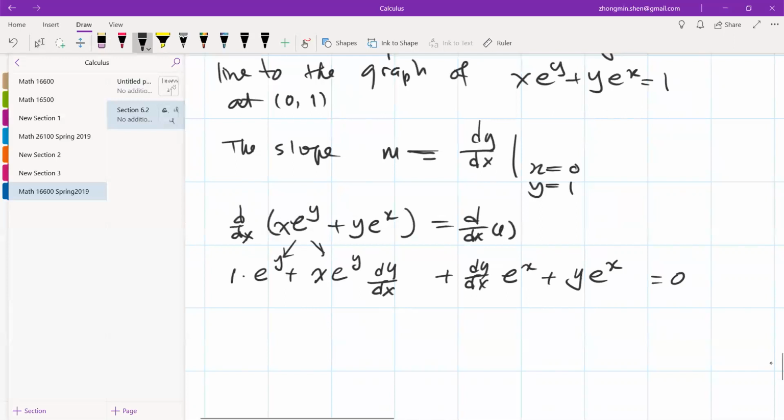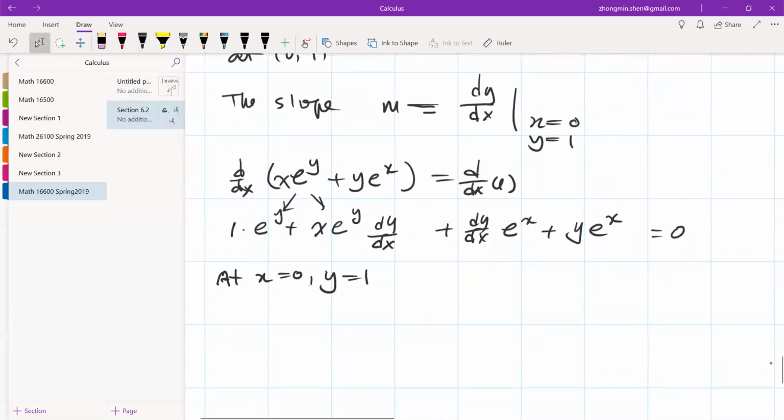Now you can find the general formula for the derivative of y with respect to x. Maybe it's not necessary, because you really just need to find the slope. So at x equals 0, y equals 1, you plug 0 for x and 1 for y.